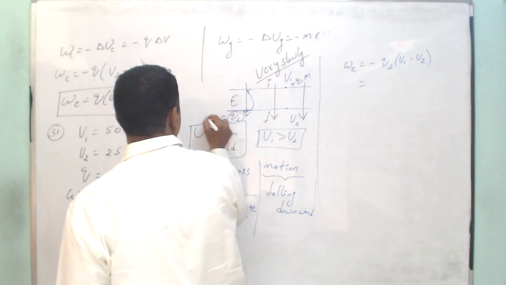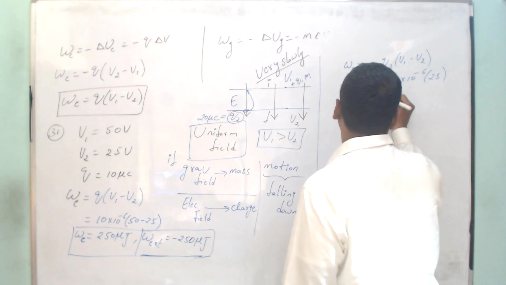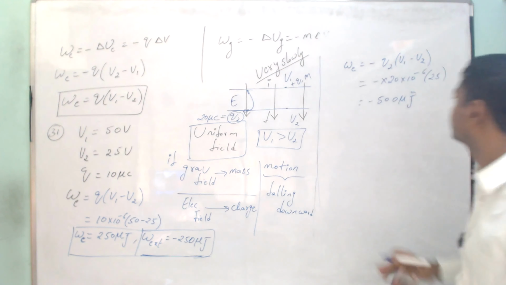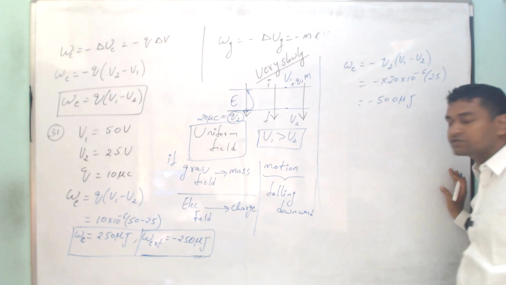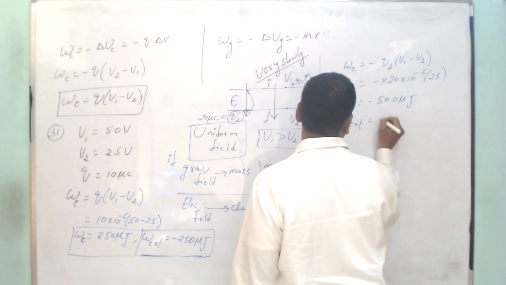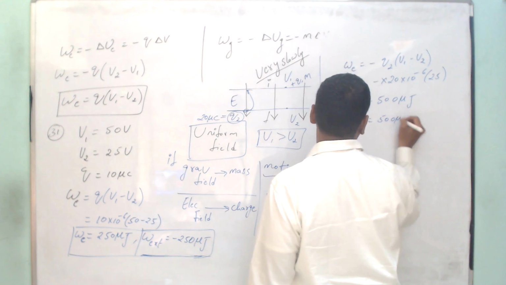So my work done is minus 20 into 10 to the power minus 6 into 25, since delta V is 25 volts. So my answer will be minus 500 microjoules. This is the work done by the electrostatic force. But if I want to find the work by the external agent, it will be 500 microjoules.